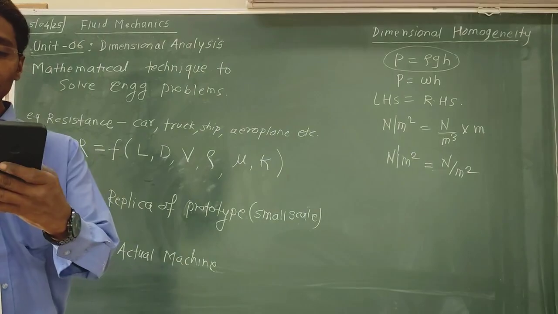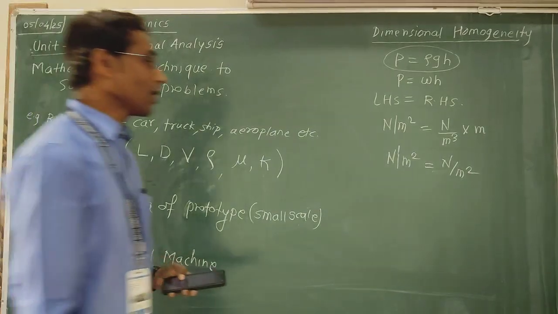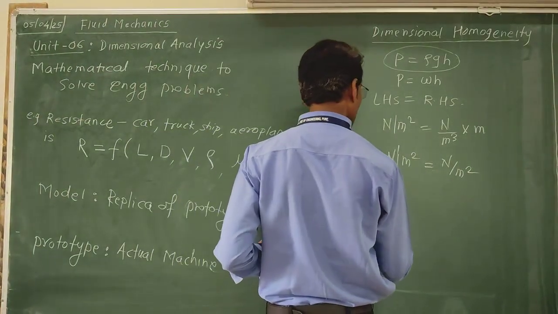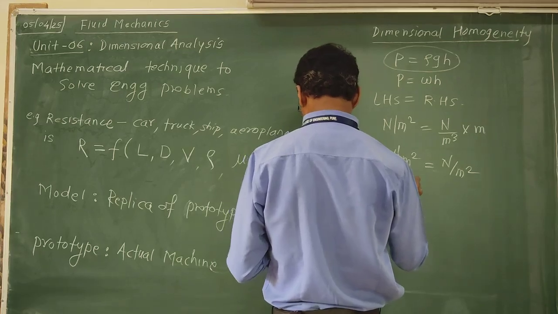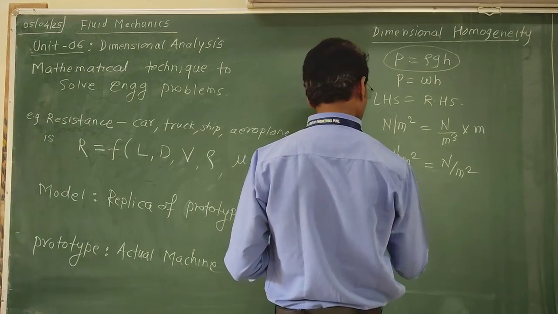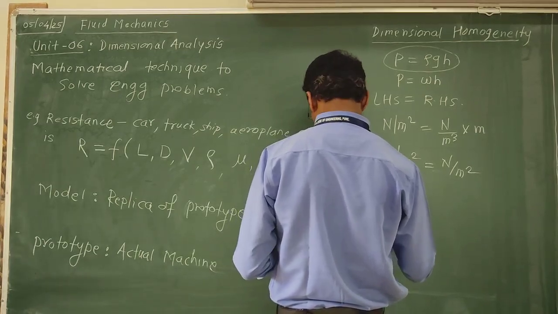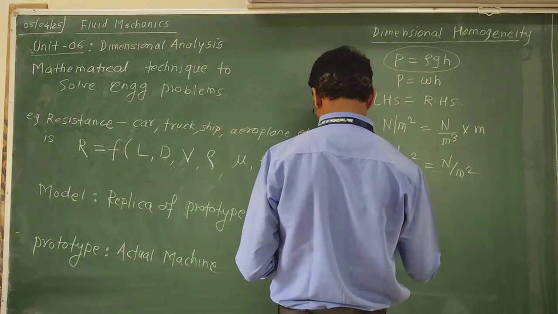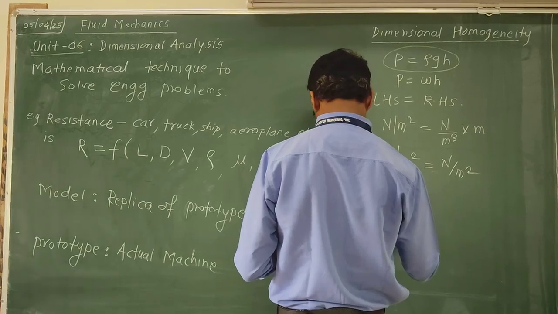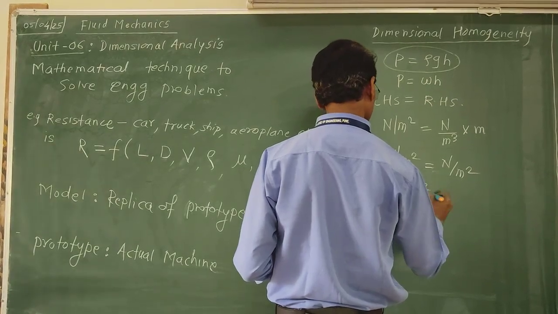Both side dimensions are same. Now these are shown by Newton per meter square. This is shown here by MLT form: M L raised to minus 1 and T raised to minus 2.